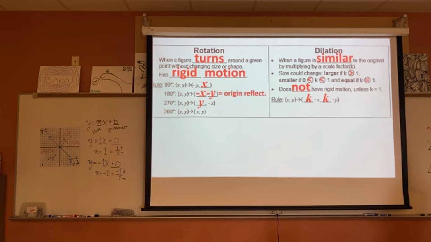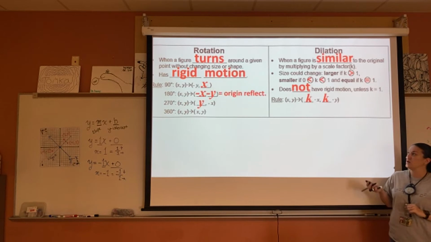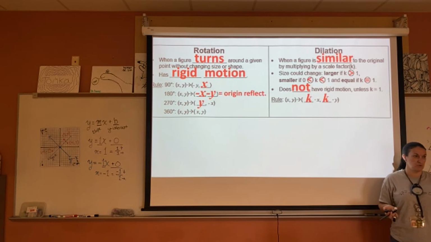So if you were asked to identify a dilation, what operation would you be looking for? Addition, subtraction, multiplication, or division? Multiplication, because that's the only one that occurs here in dilations. Any questions so far? Because now we're going to move into our examples.